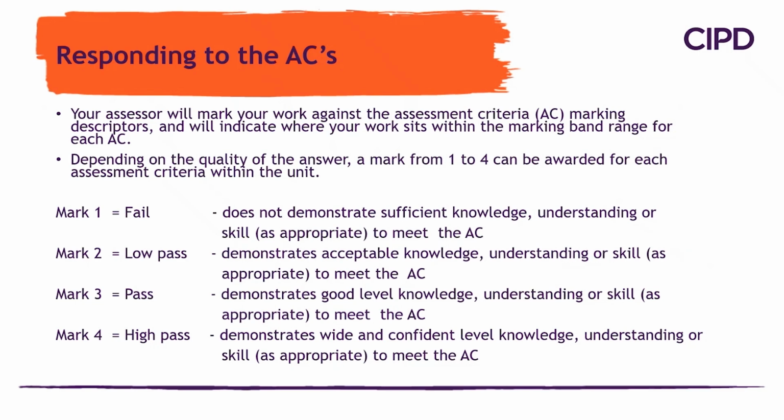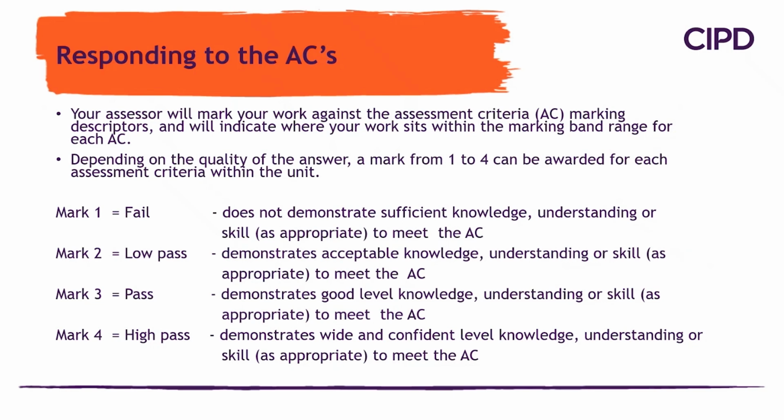If you're getting a mark of nothing or a 1, it's a fail. Fails against an AC don't demonstrate a sufficient level of knowledge and understanding or skill as appropriate to meet the AC. A mark of 2 will give you a low pass, where you're able to demonstrate acceptable knowledge, understanding, or skill as appropriate to meet the AC.